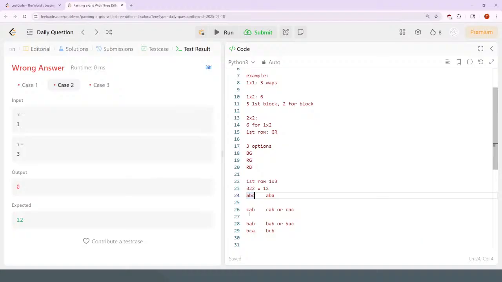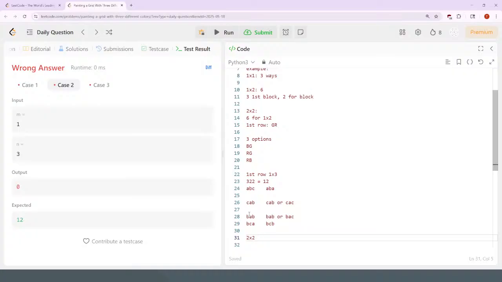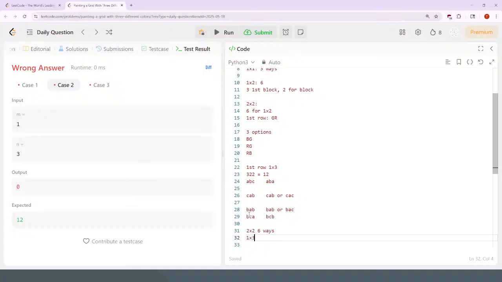So from a 1 by 1, from a 1 by 2 is 6 ways. And then 1 by 3 is 6 ways, right?